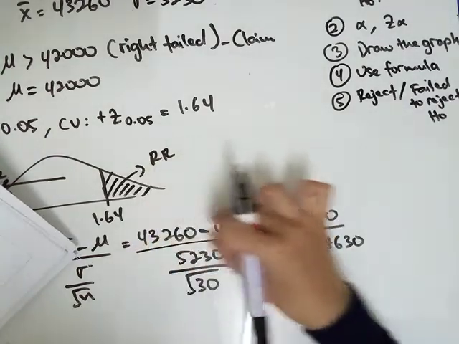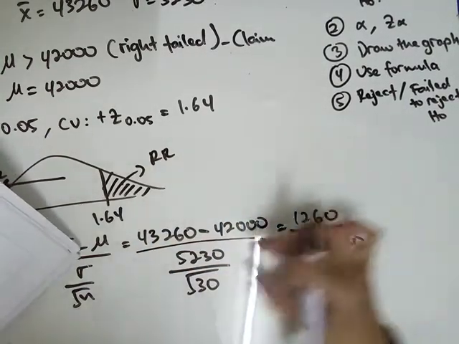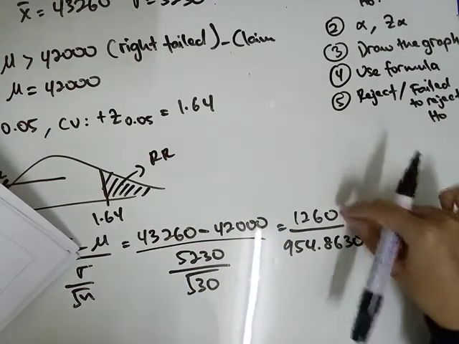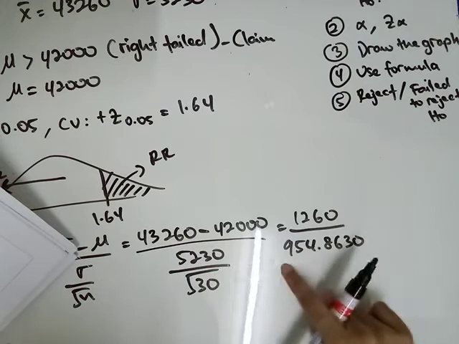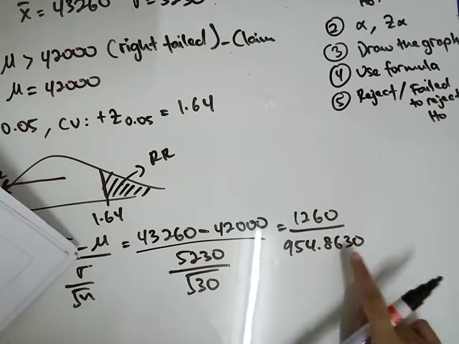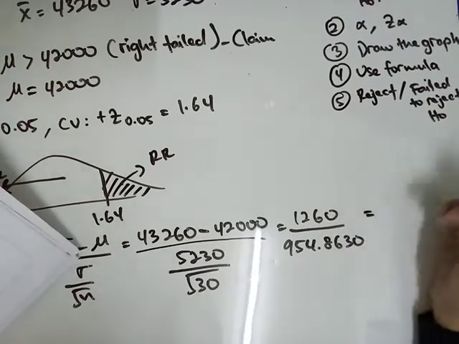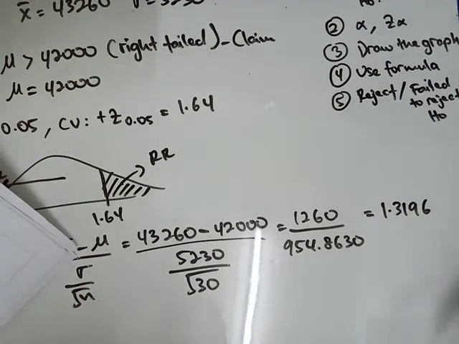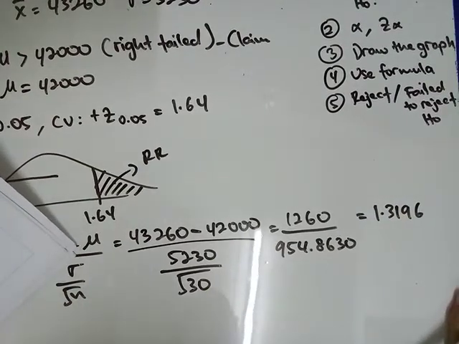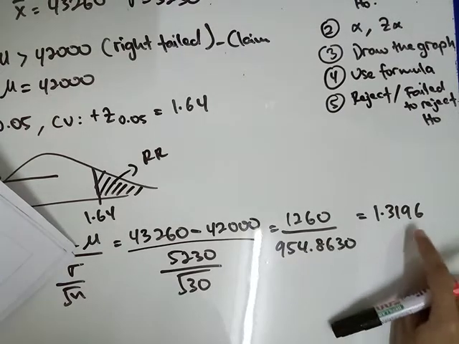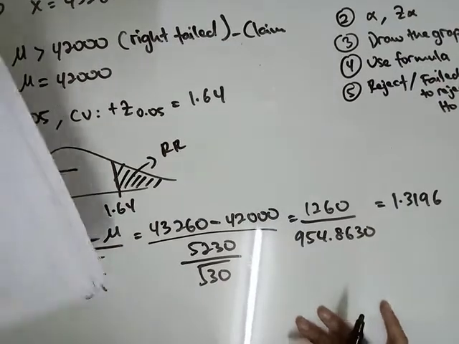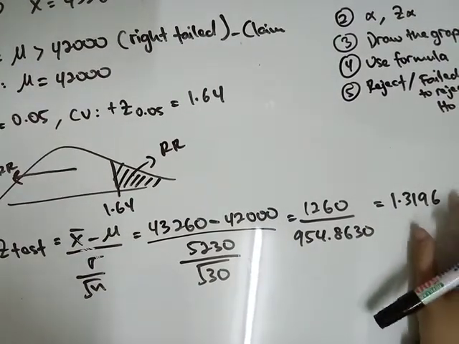Okay, calculate atas dulu, numerator, and then calculate yang bawah, denominator. And then barulah divide. 1260 divide 954.8630. Calculate, you will get 1.3196. Okay, 1.3196. Try calculate. Dapat tak jawapannya? Okay, try calculate. Okay, and then we have done step 4.